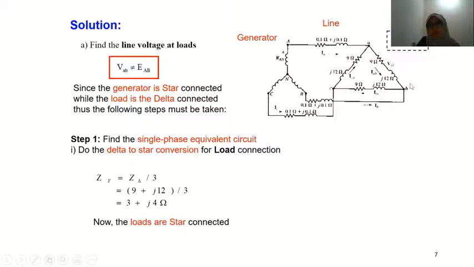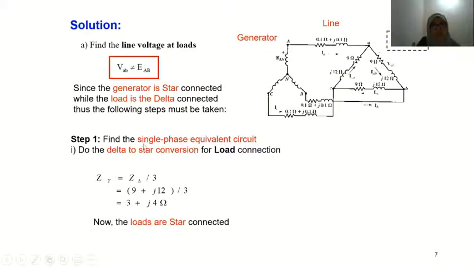The voltage at the load is not the same as the EAN voltage across the generator for phase A, because you have the drop in the line impedance here. Since the generator is star connected while the load is delta connected, we follow the steps here.